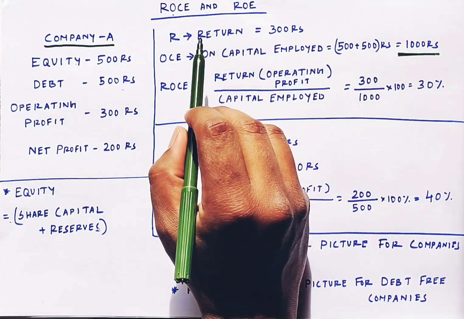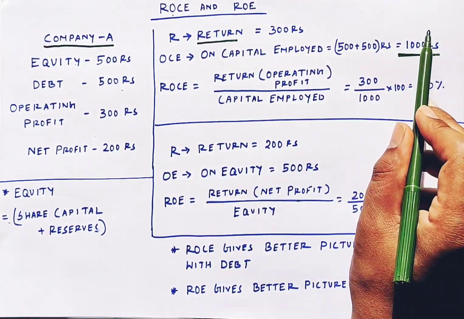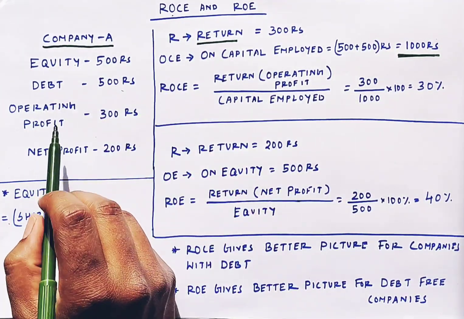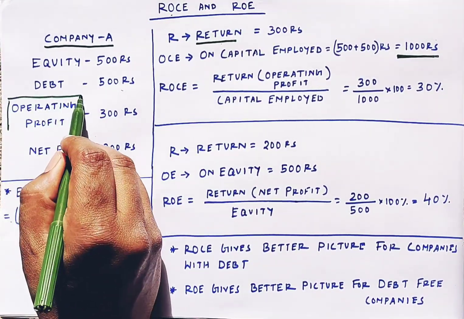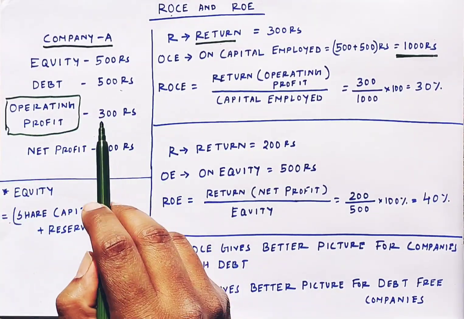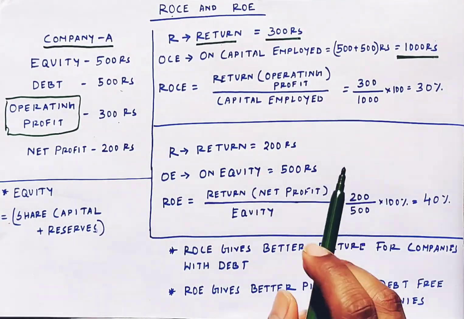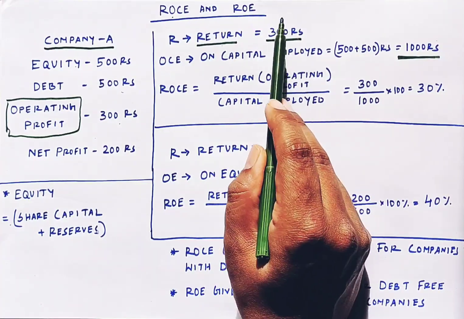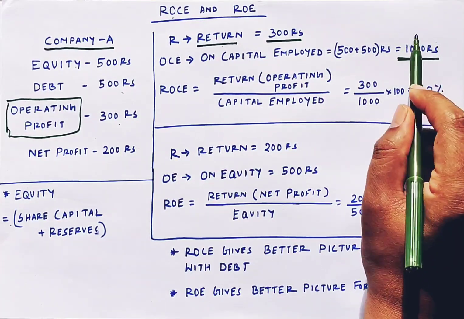What is the return you are making on this 1000 rupees? Remember a thumb rule for ROCE: we will always consider return as operating profit. So your operating profit here is 300 rupees, so your return becomes 300 rupees. Basically this 300 rupees you have earned extra on your capital, which is 1000 rupees, right?